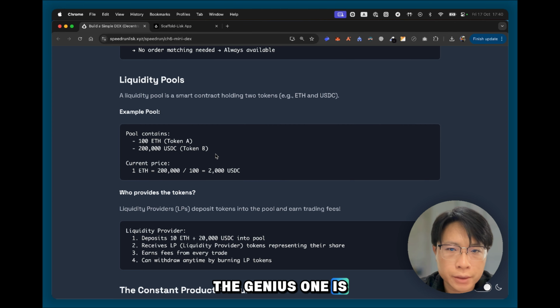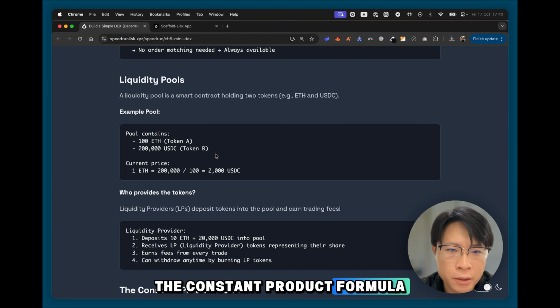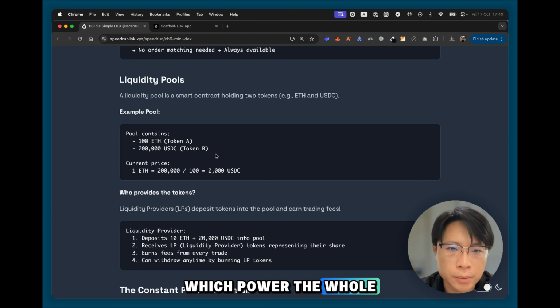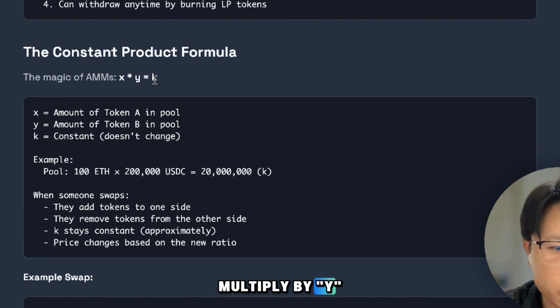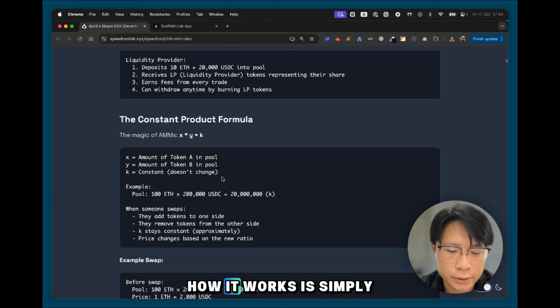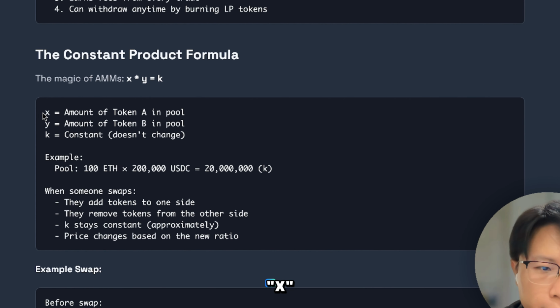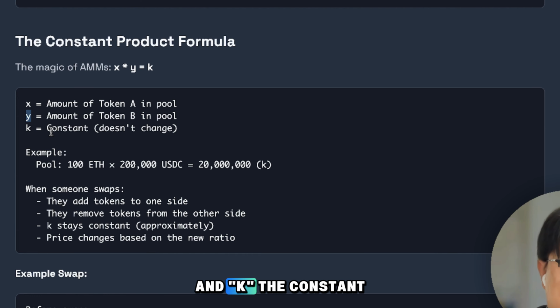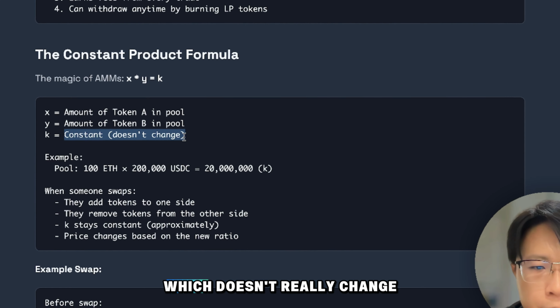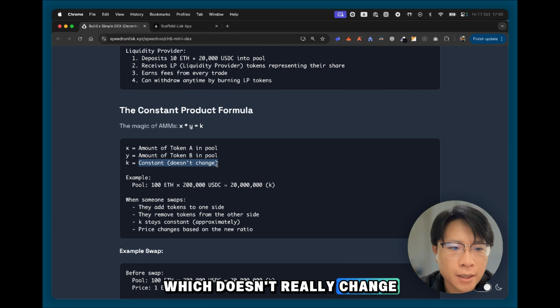The genius one is the constant product formula, which powers the whole smart contract. The formula is x multiplied by y equals k. Here, x is the amount of token A, y is the amount of token B in the pool, and k is the constant, which doesn't change.